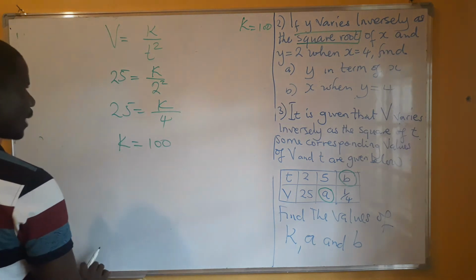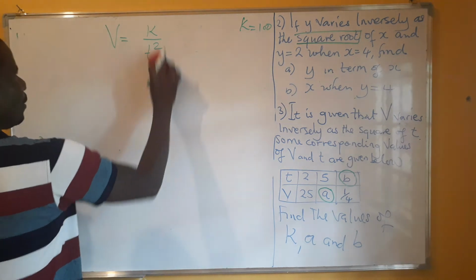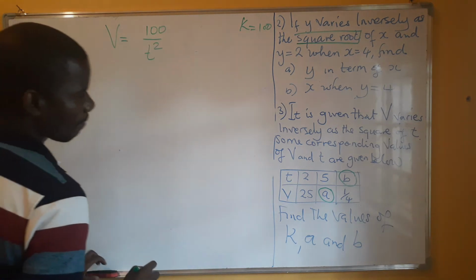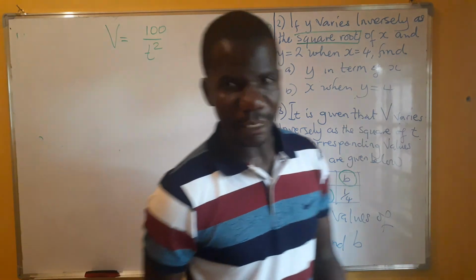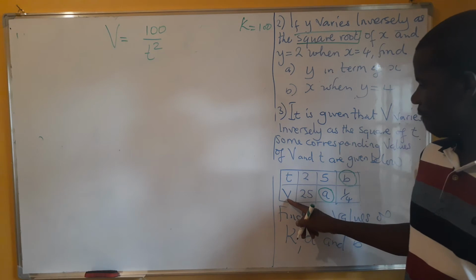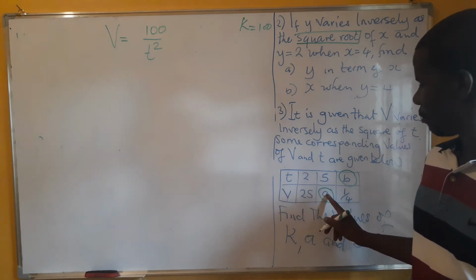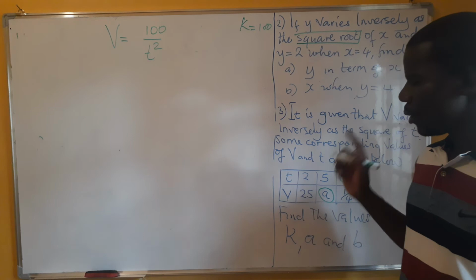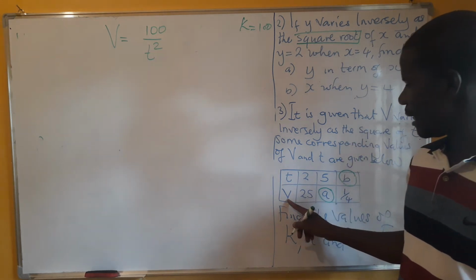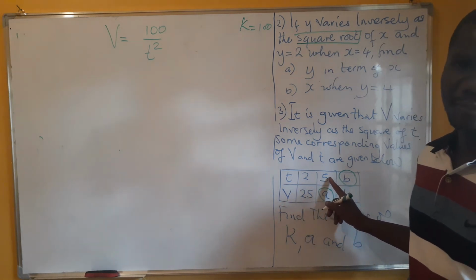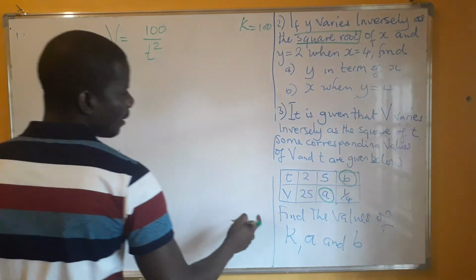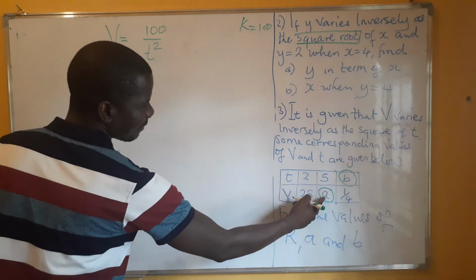So now we go back to write our equation as it's supposed to be. Here you put our 100, which is k. Then now we want to find the value of a. What are we supposed to do? Look, a is a v value. So in other words, we're asking, what is v when t is equals to 5? The t value is given as 5, but v we do not know.